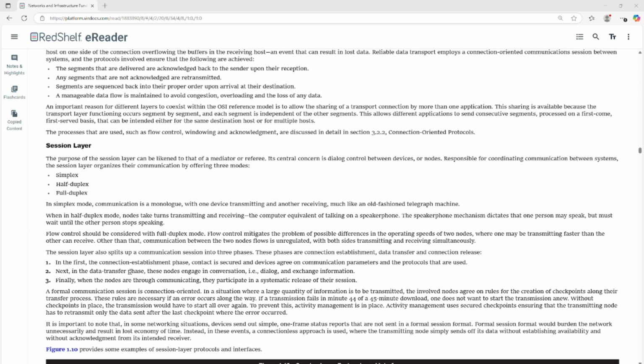Another thing for you to take note of here: the session layer splits up a communication session into 3 phases. These are the phases: it establishes a connection, it does a data transfer, and then it releases the connection. So that's very simple.